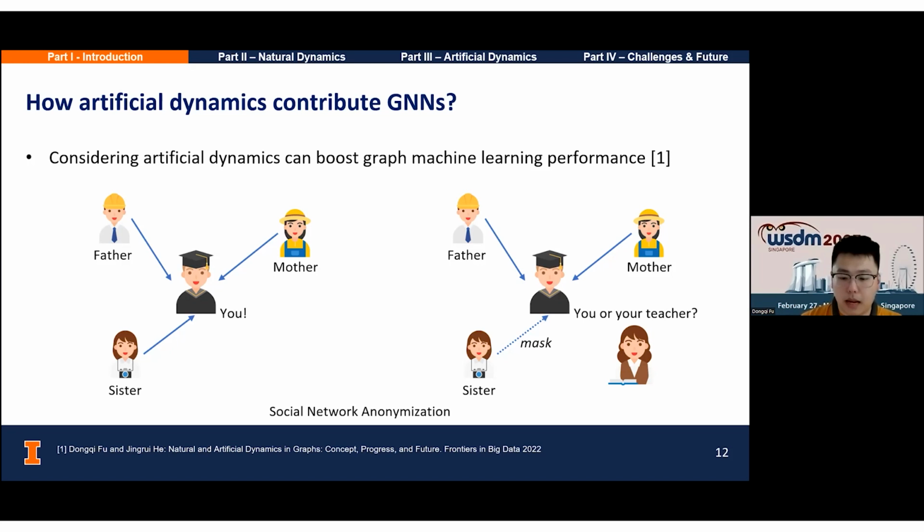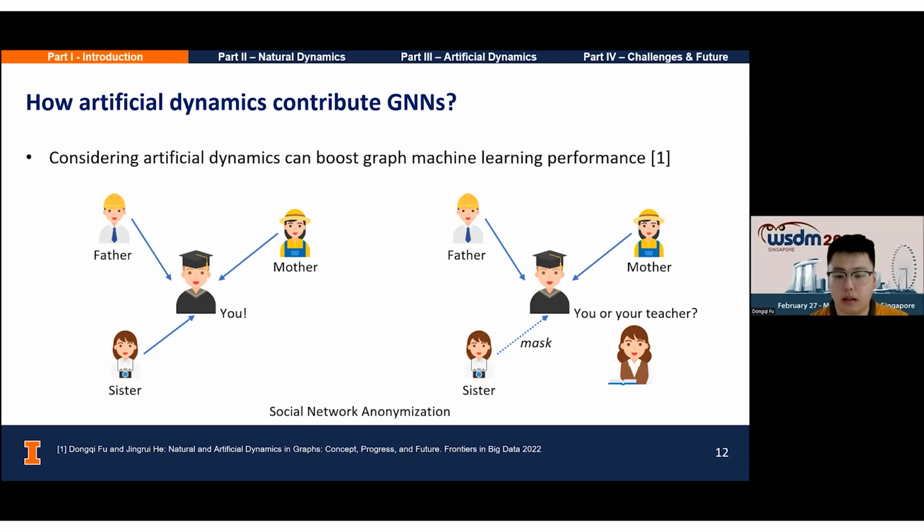But if we mask the social connection between you and your sister, would the attacker know the central person is you? It may not be, since the teacher may also know both of your parents and be an acquaintance. This means the candidate set for identifying your identity is enlarged by masking a connection in the social network.